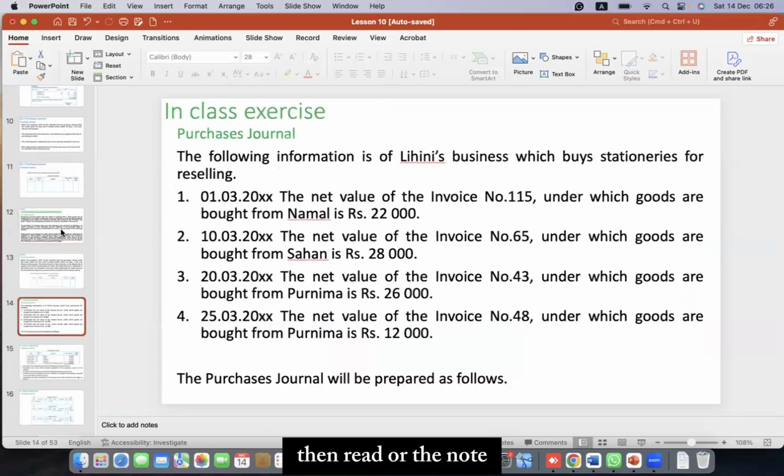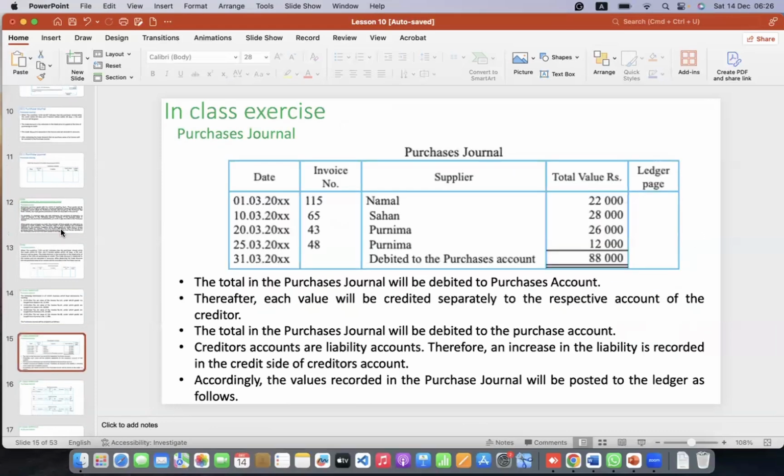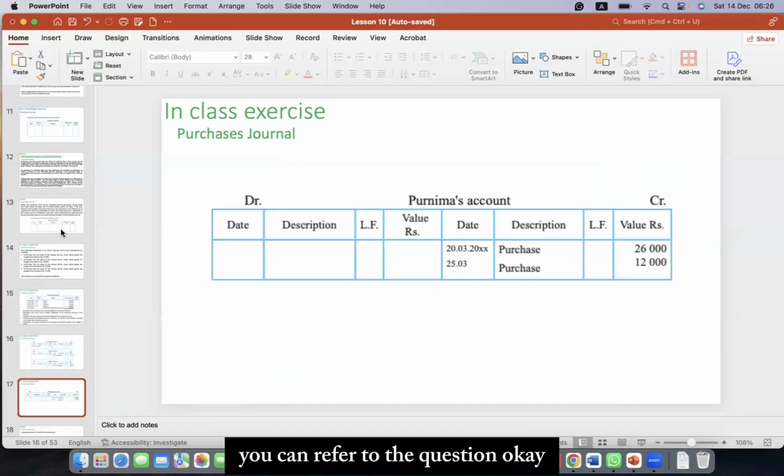Then we wrote the note and we did a question. If, by any chance, you have missed the class, you can refer to the question.